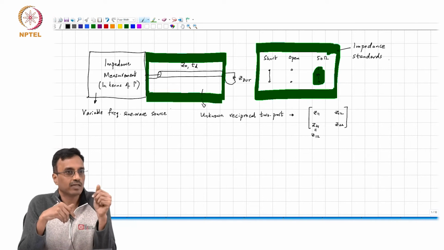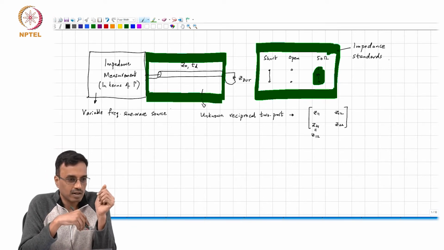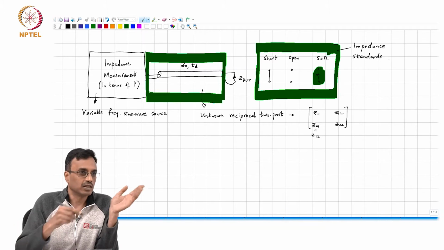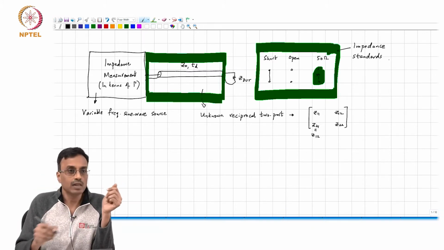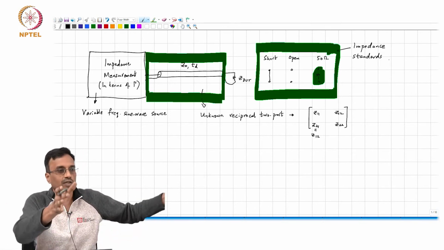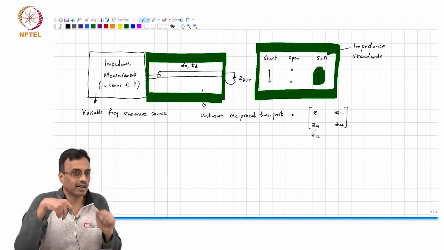You turn on the box and wait for the operating system to boot up. After you are done, you connect the short circuit standard across the cable, right? The cable is there because this is a big box, this size, and your impedance is some tiny thing somewhere there.